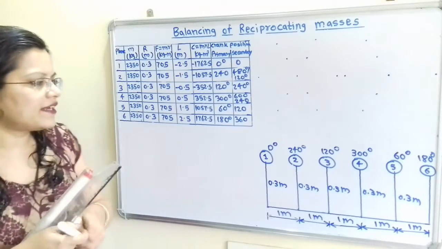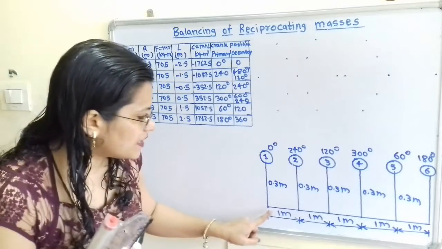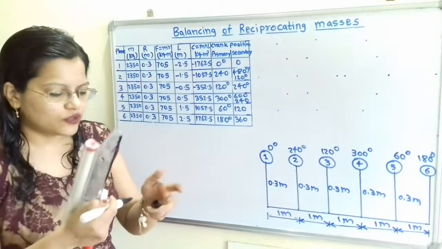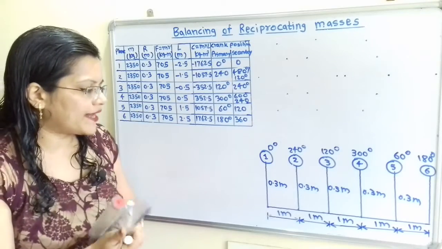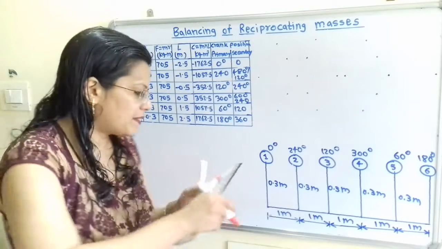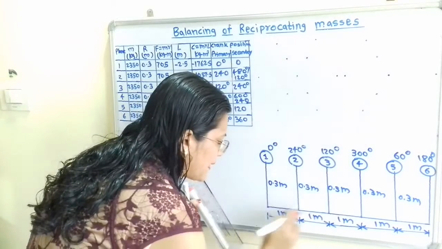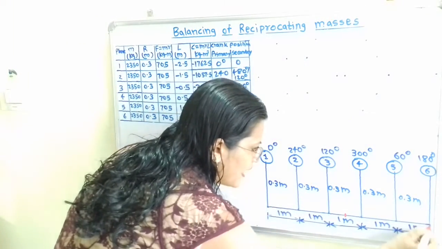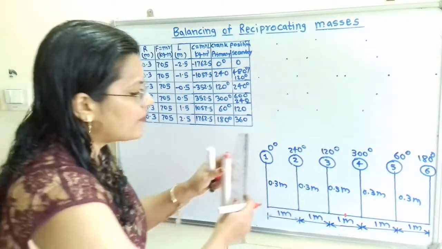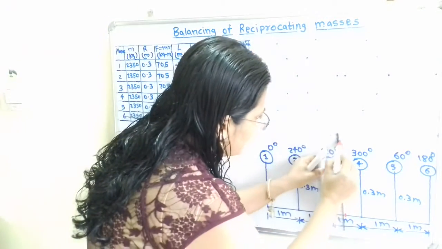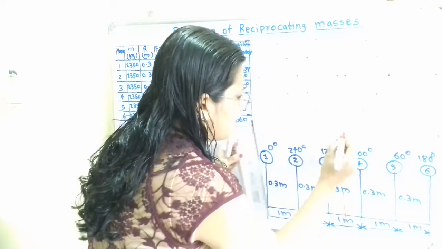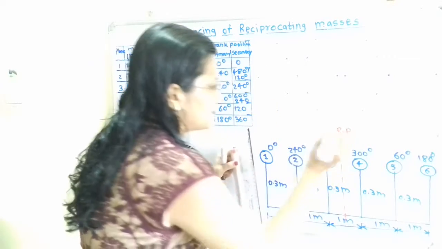Middle point means we will consider here this total distance of 5 meter, so we will mention here one point at 2.5 meter. That is, on the left hand side there is a distance of 2.5 meter, and on the right hand side there is a distance of 2.5 meter, and we will mention here the reference plane. So this is the reference plane.